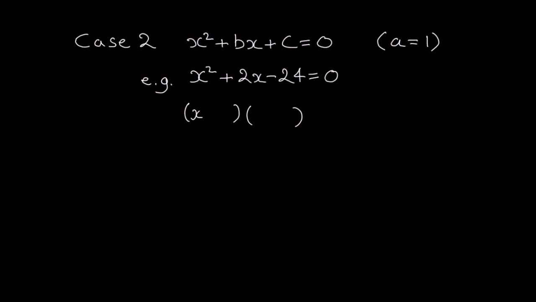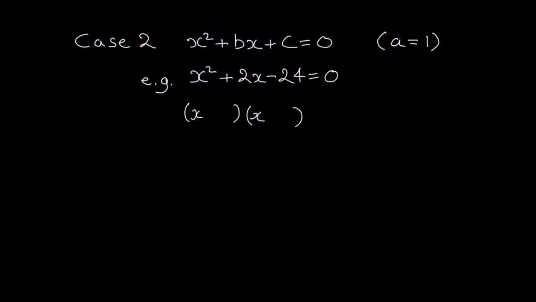Obviously, we're going to have an x here in both brackets, but we need to know the number and the sign that goes into each bracket. The trick we can apply is to find the factors of negative 24, which add up to 2. Or in general terms, what we're doing is finding the factors of c, which add up to b. And I need to stress, this only works in the case where a is equal to 1.